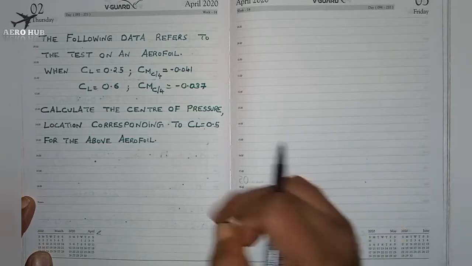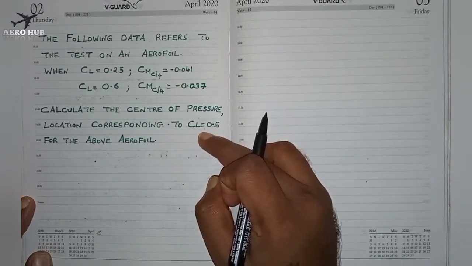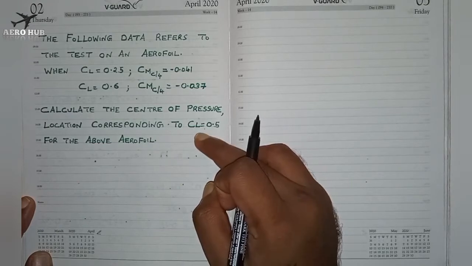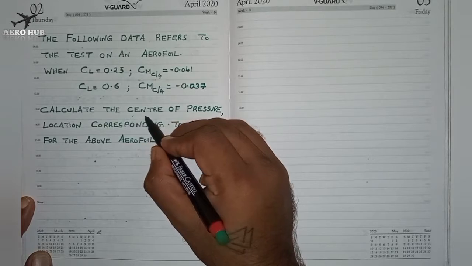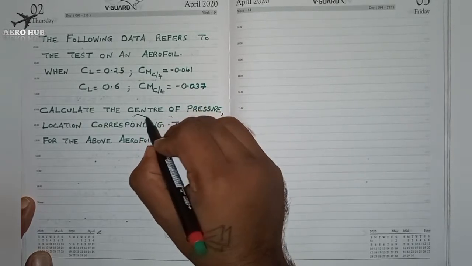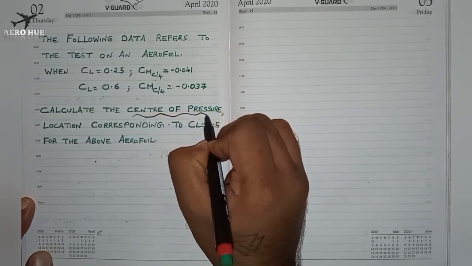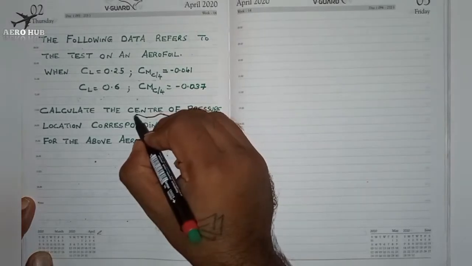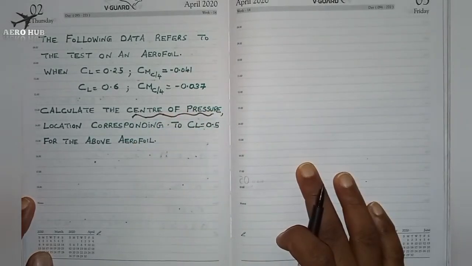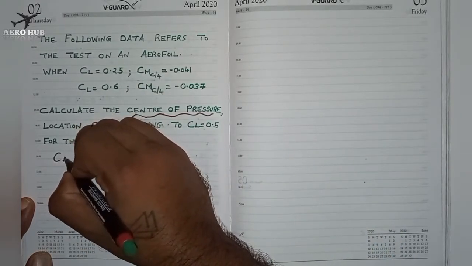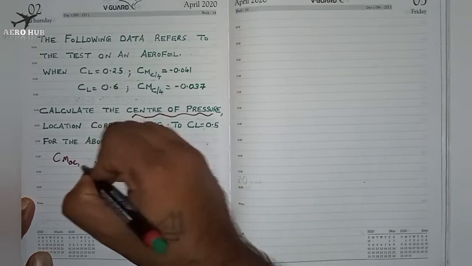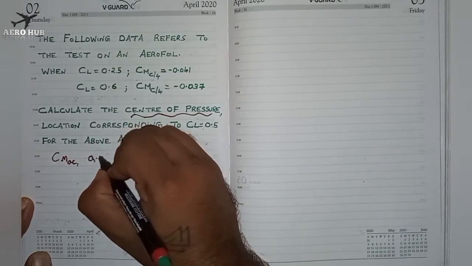So they have given one CL, that is 0.5. At this particular value of coefficient of lift, we have to find the value of the center of pressure. To find the center of pressure, I need the value of the coefficient of moment about the aerodynamic center, that is CMAC, as well as the position of the aerodynamic center.